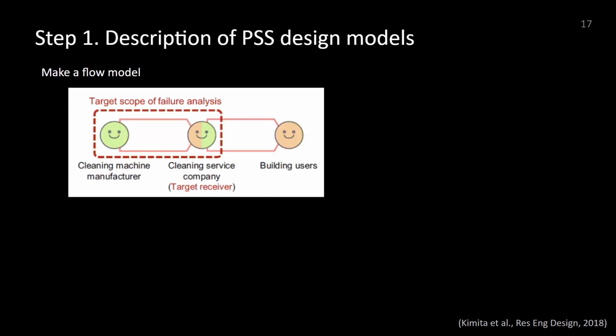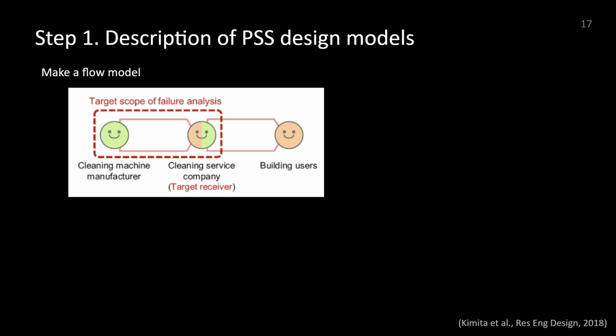So, step 1, describing different pieces of information regarding the actors. In this case, cleaning machine manufacturer is one important actor, which is described on the left-hand side. And then there is another entity named cleaning service company. It's a service provider.